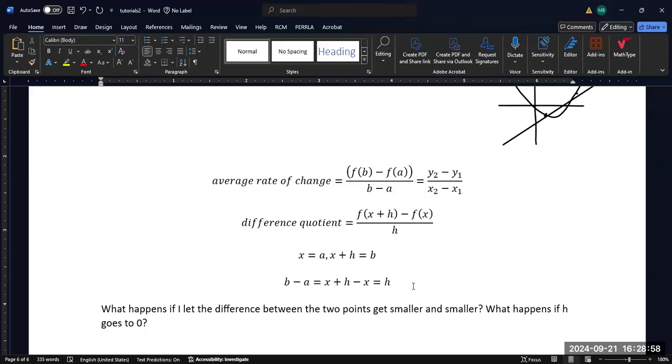Now, this is one of the reasons why when we're evaluating the difference quotient, our goal is to eliminate that h in the denominator, because if we put 0 in the denominator, then we're going to end up with division by 0, which is undefined. But usually when you calculate the difference quotient, there is a way to rewrite the expression so that you can eliminate h.